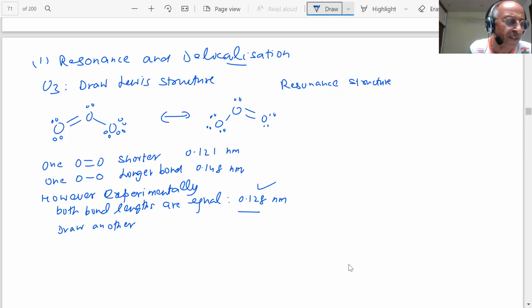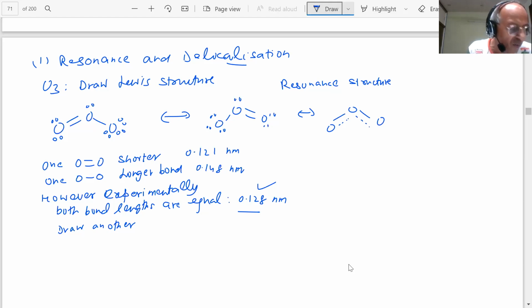These are two resonant structures, and we can represent it like this: the electrons of the double bond are not on one oxygen, but are present on both the oxygens. So we show it by a resonance hybrid.